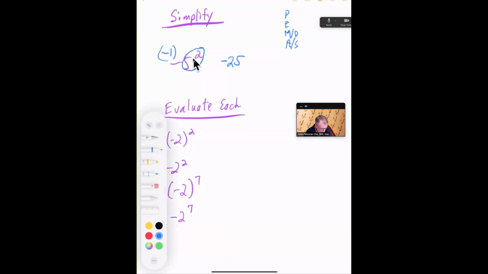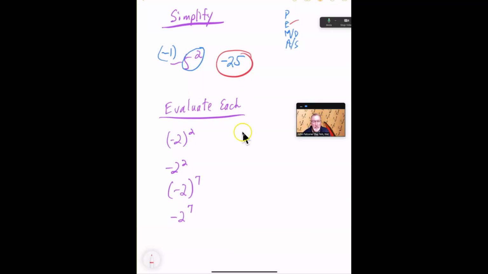So we get the 5 squared for 25. And then we do multiplication. And the multiplication here is -1 times whatever 5 times 5 was. So we end up with -25. Okay? So that's the answer for this question.